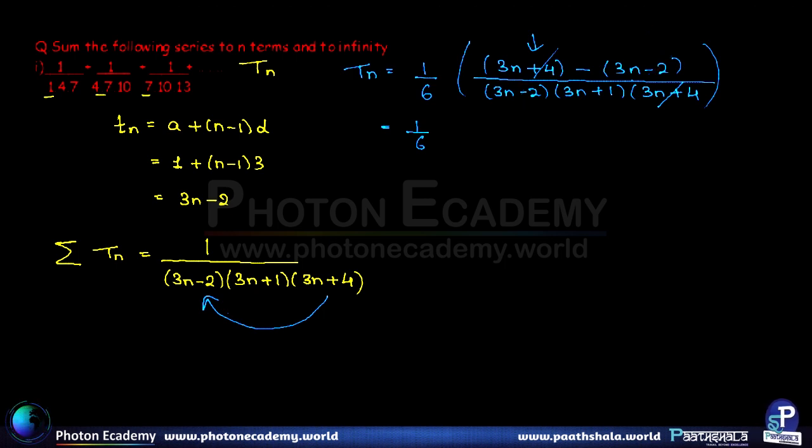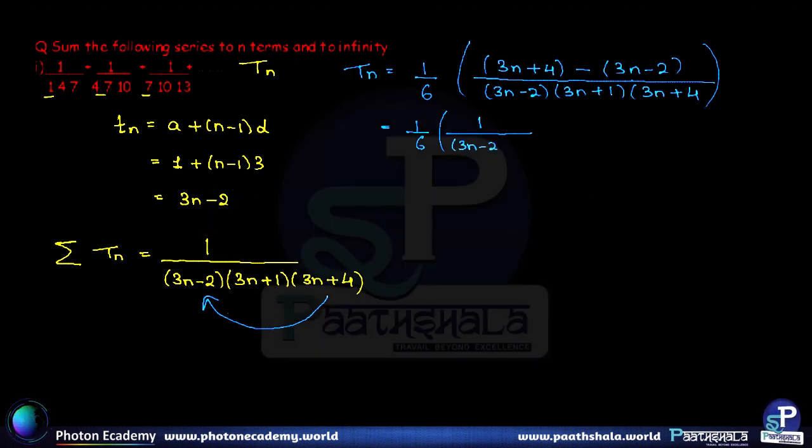So write the terms in that form. And we have 1 upon 3n minus 2 into 3n plus 1, minus we have 1 upon 3n plus 1, 3n plus 4.